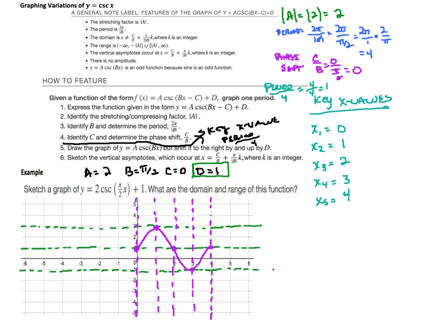And I base my cosecant graph on this sine wave. So what we learn is that wherever my sine wave hits my midline, that's where I'm going to have asymptotes for my cosecant. So I have an asymptote here, an asymptote here, and an asymptote here.